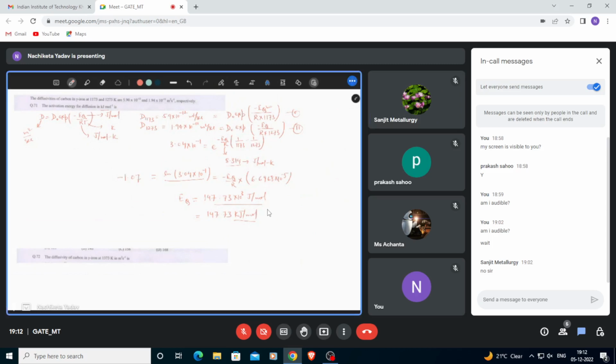Yes, the constant value, diffusivity constant. So we already know these two equations, and from them we know the EQ value. If we put this EQ value in equation 1 or 2, we can find the D0 value, and if we know the D0 value, we can easily calculate the D value because we already know the EQ value. So can you tell me what is the D0 value?